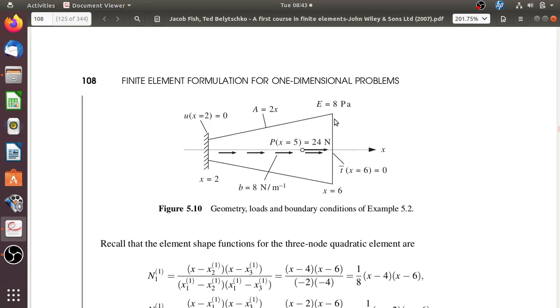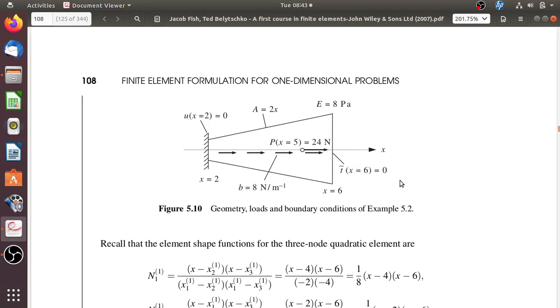In addition to this distributed force there is one point force, and it's not acting at the end but somewhere in the middle, at the position x equal to 5, and the magnitude of that force is 24 Newton. And there is no force acting at this end, so the force acting is 0. That's what they have mentioned.